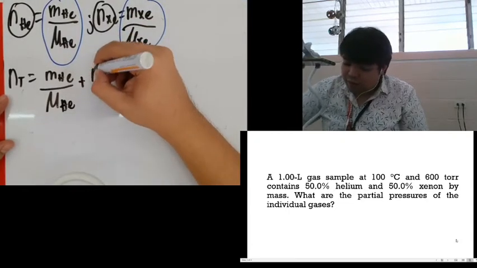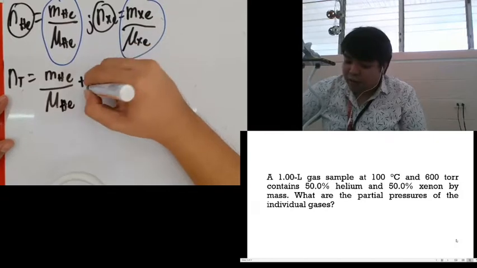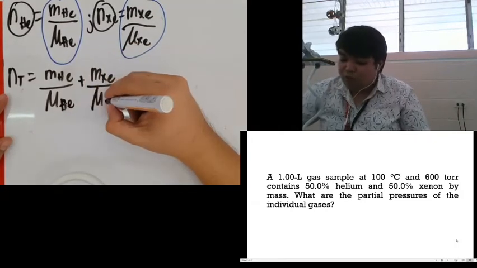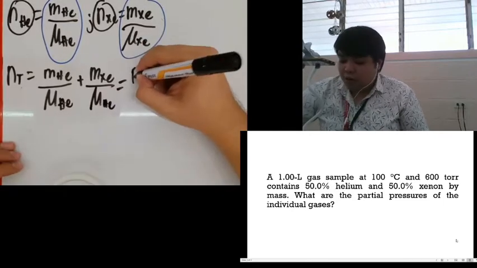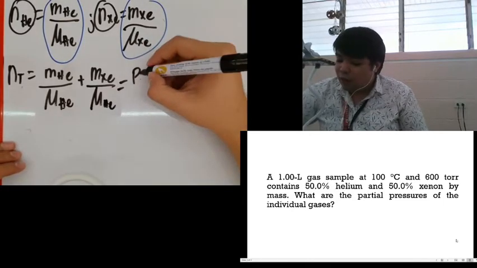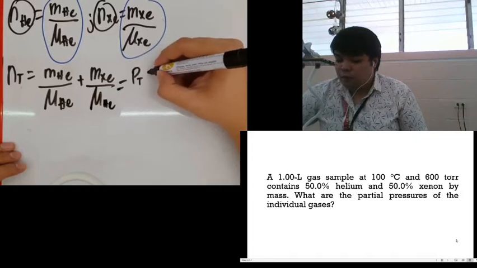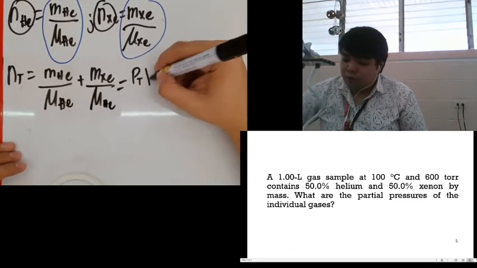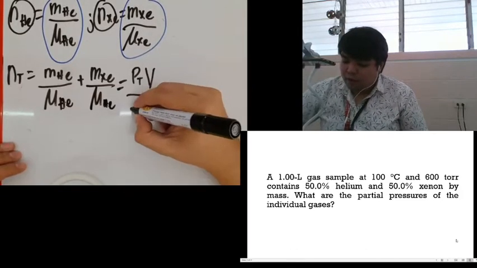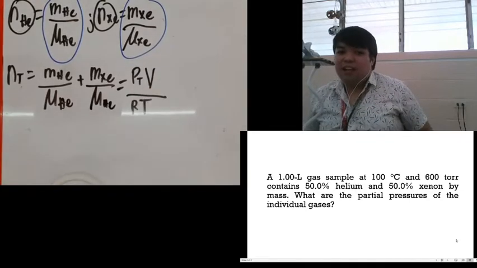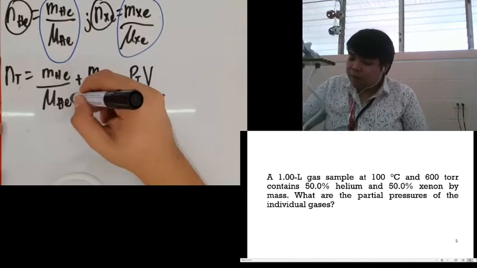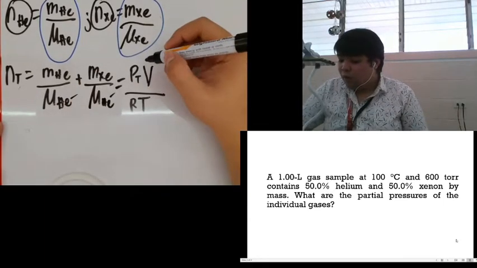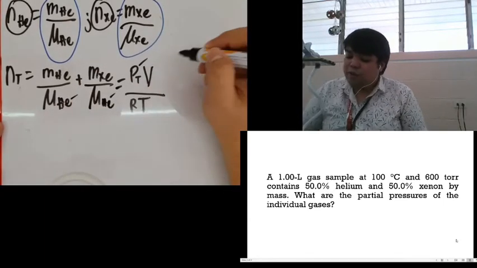And this total number of moles of the gas mixture can be obtained, again going back to our ideal gas equation, rearranged, that we have obtained a while ago, over RT. Right? Now, we know this one, we know this one, we know this one, we know this one.